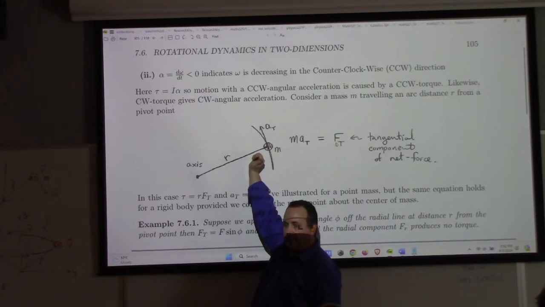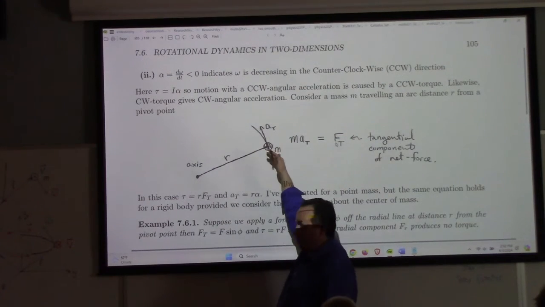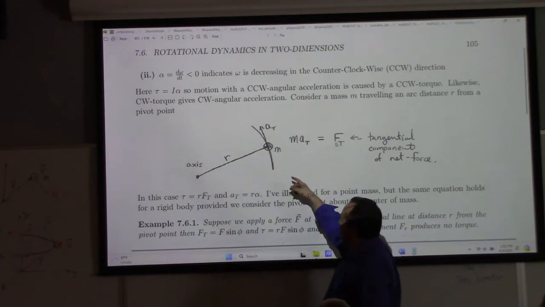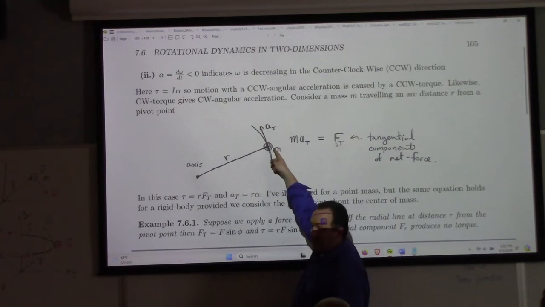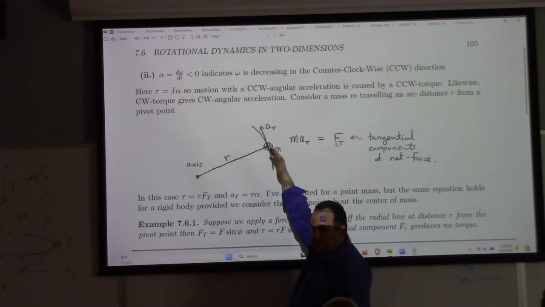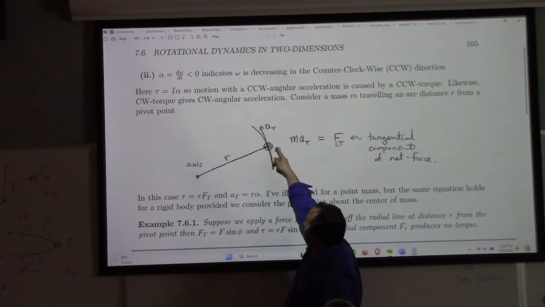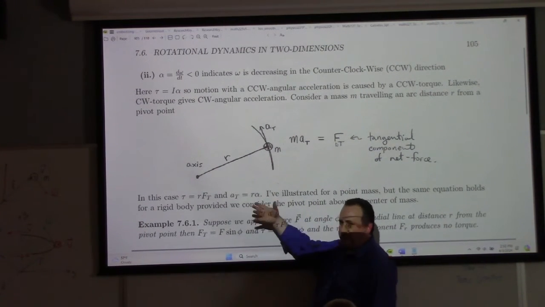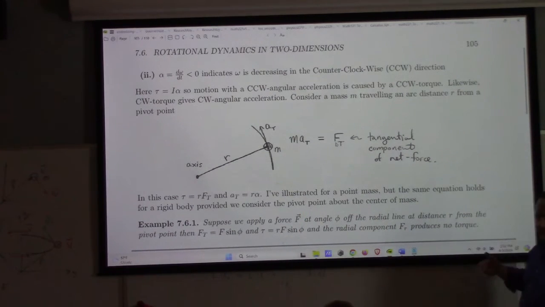Which is just r, the radius, times the tangential force. So r times tangential force is torque. And on the other hand, a sub t, we can also relate to the angular acceleration, right? Because if that's the tangential direction to the acceleration, then the radius times the angular acceleration gives me the tangential acceleration. We talked about this. Well, I hope you watched the video where I talked about this, right?